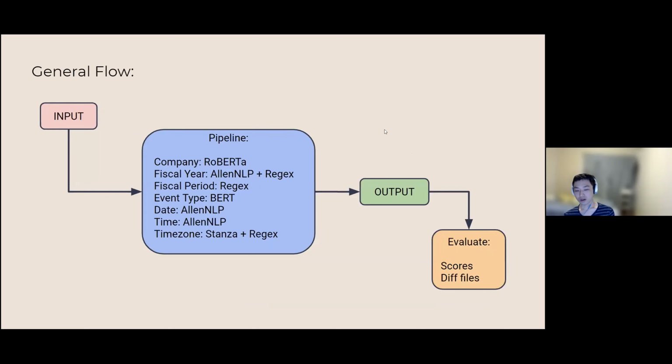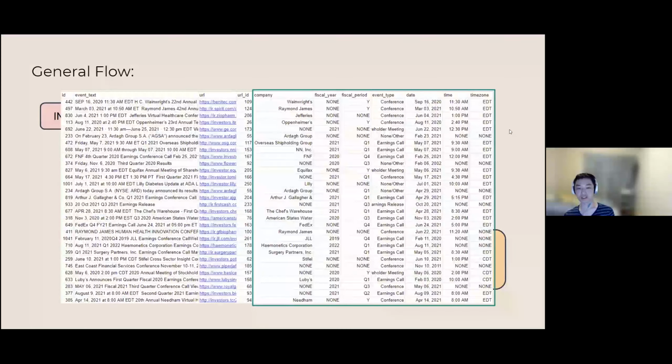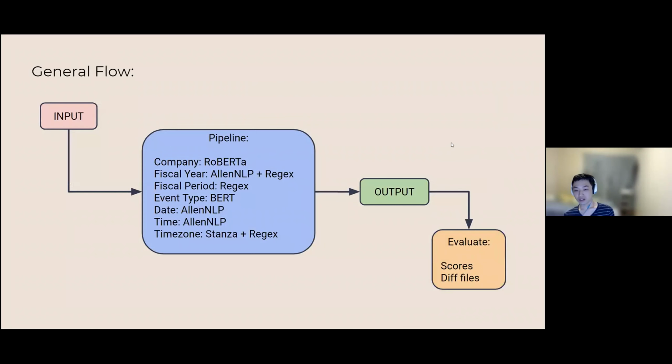And then that will output the fields for each of the entities we want. As you can see, it generates all the fields we want, like the company, fiscal year, and so on for the event text that was fed in. And then we can also have it evaluate scores depending on whether you give it an input file with the labeled entities or not. And now we're going to give a live demo.